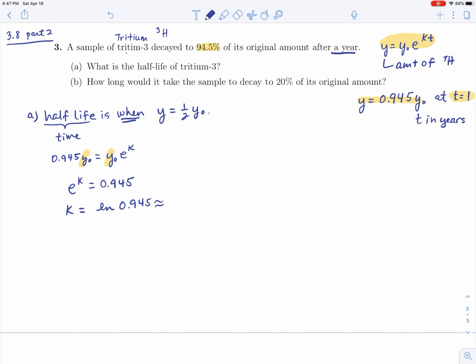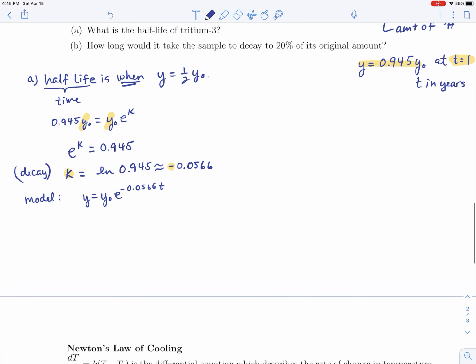Now that we have k, we know that our model is y equals y naught e to the negative 0.0566 t. Again, notice that k is negative, and that is indicative of decay. So we have our model.